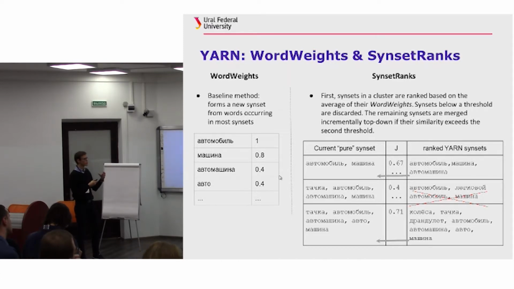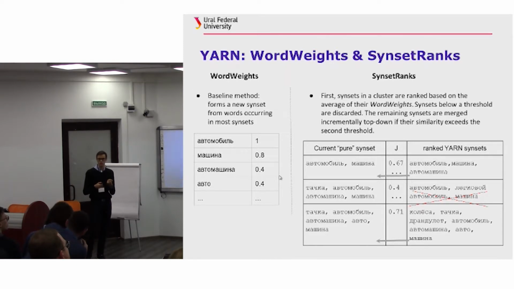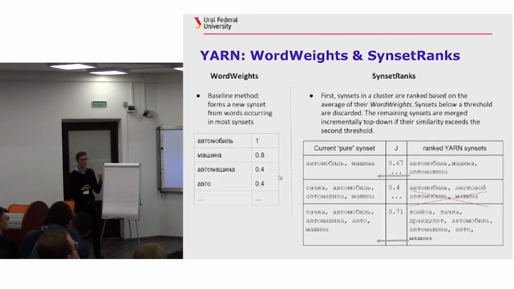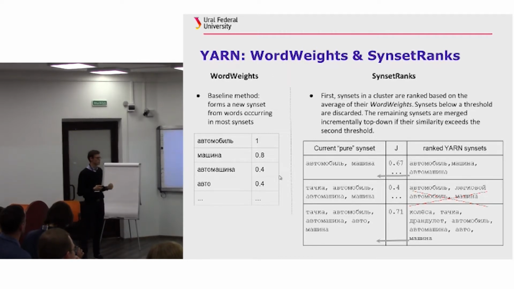Alternatively, we can calculate weights not only for words, but for a synset. This is due to the idea that pure synsets tend to be combined in a pure version of a cluster. To calculate the weight of a synset, we simply take the average of the word weights in it, then discard those synsets below the threshold and merge top to bottom, from the most relevant synset with the highest weight to the least relevant above the threshold.